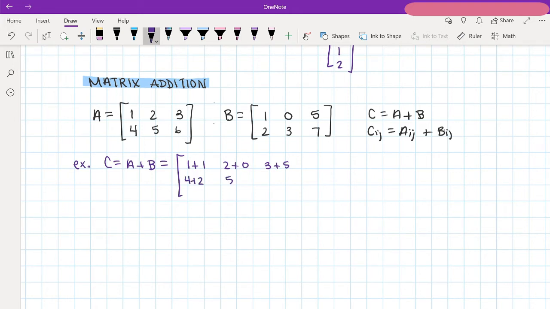C22 is equal to A22 plus B22, so 5 plus 3. And then you're going to add up each of those, and that'll be your C matrix. So 2, 2, 8, 6, 8, 13.